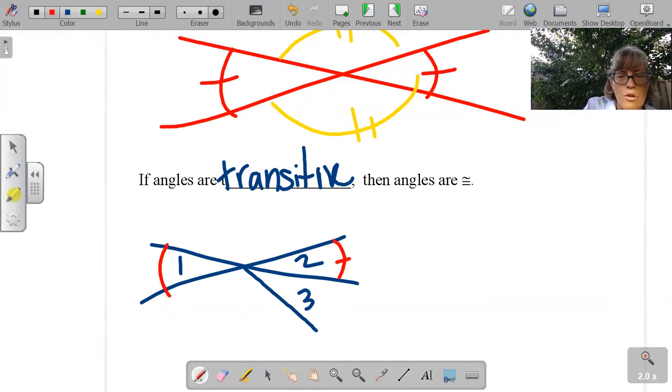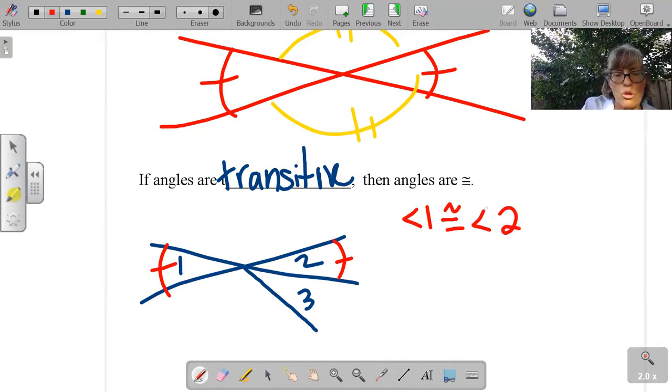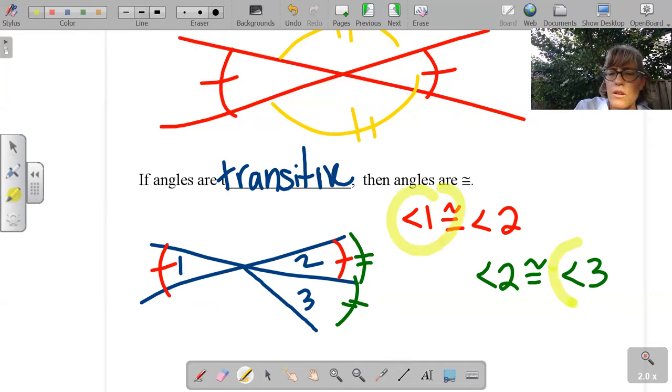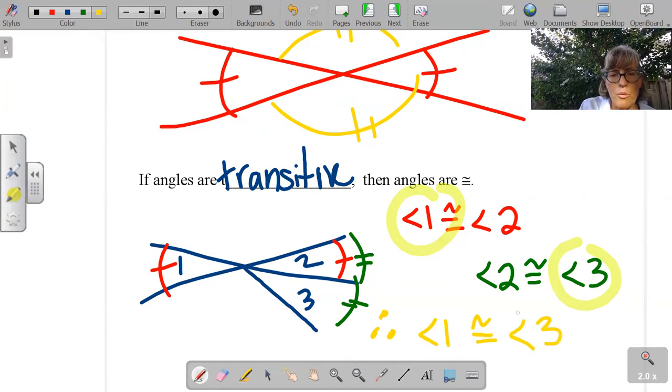Look, I have vertical angles. And so I could say angle 1 is congruent to angle 2. And then let's say that this was a bisector here. So angle 2 is congruent to angle 3. If this is true, we can connect angle 1 to 3. We can transfer the congruency. Therefore, angle 1 is congruent to angle 3. That's called the transitive property.